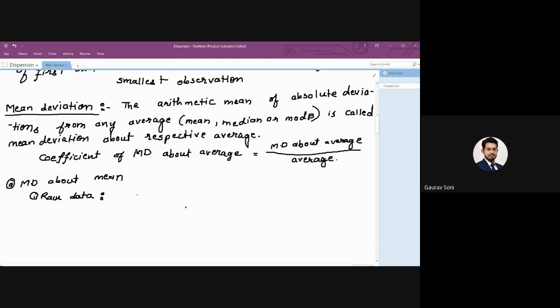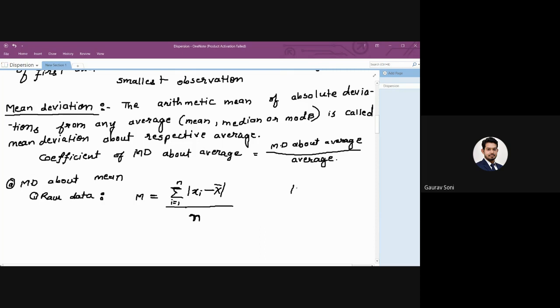So mean deviation will be equal to summation of mod of xi minus x bar, i running from 1 to n, divided by n, right?